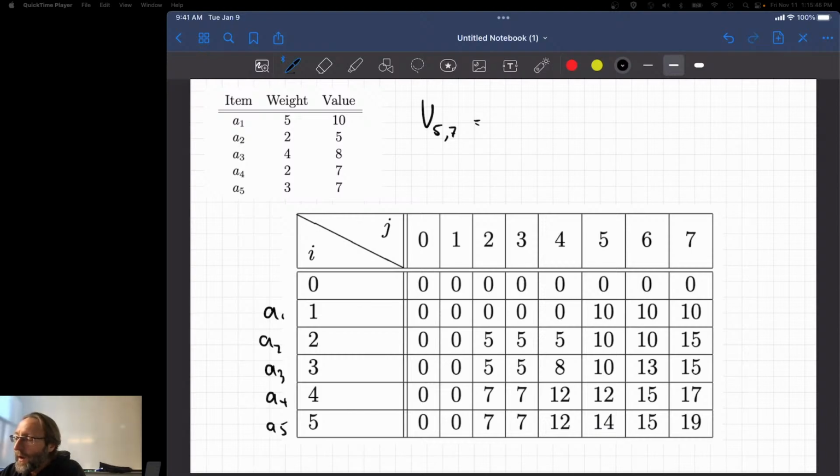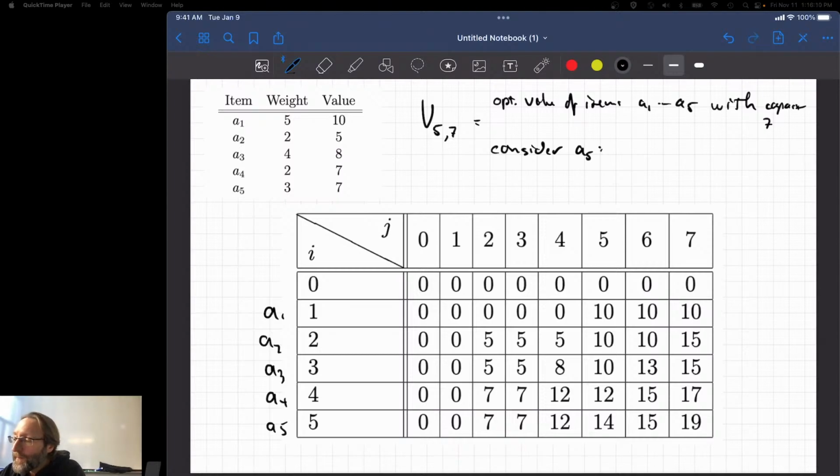This is the optimal value of items A1 through A5, in other words, all of them, with capacity 7. Now, first of all, is it feasible, right? You consider A5, right? Do you take it or not?